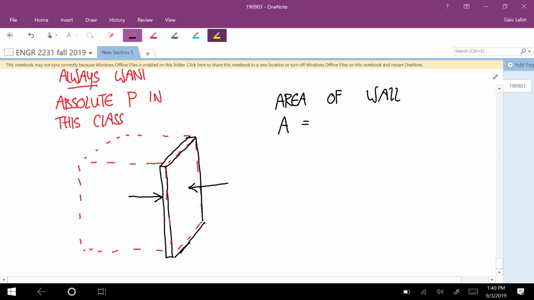Yeah, 0.35 squared. Nope, not to figure out those forces, although you would use that if you're trying to figure out whether this box is going to explode or not under this pressure. That's this area of the face.